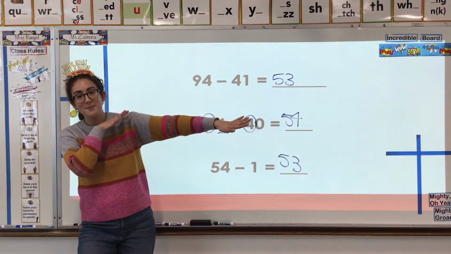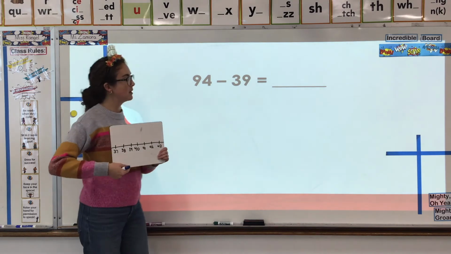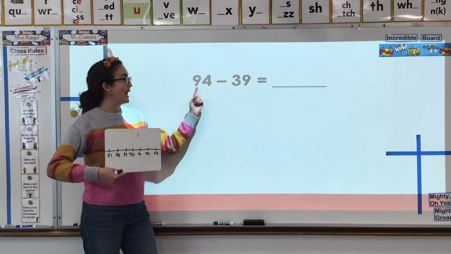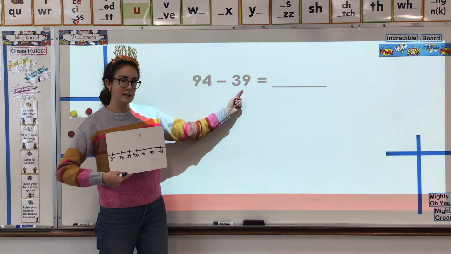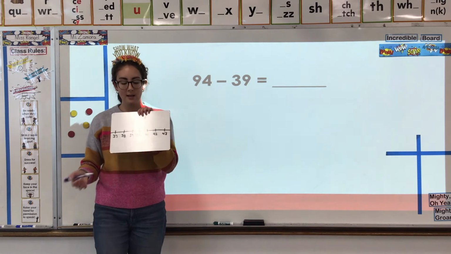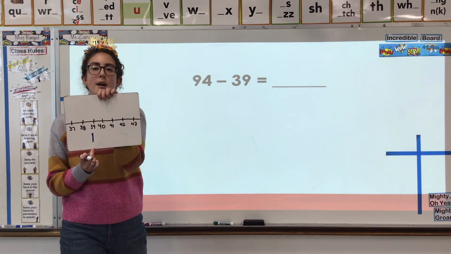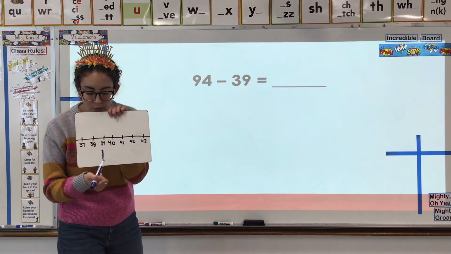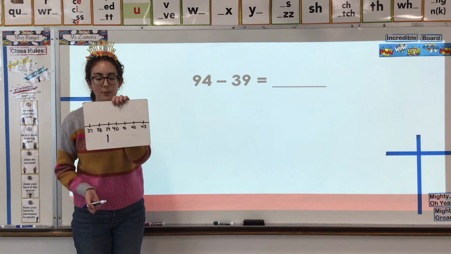Reset. Okay, now comes that tricky nines problem. Let's see. 94 minus 39. We're getting a little dicey. So we see 39 right here on our number line. What's really close to 39? That's way simpler.